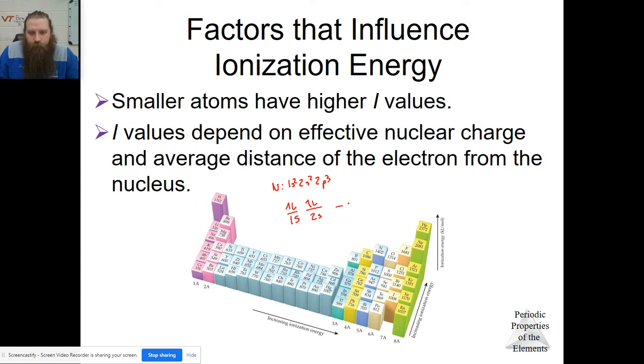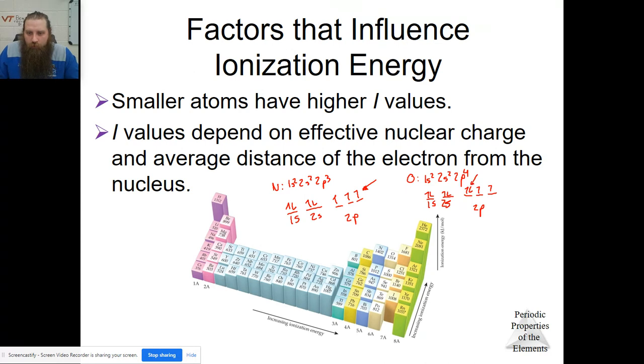These electrons right here are in different orbitals, so they're not really repelling each other. But if I look at oxygen, 1s2, 2s2, 2p4: 1s up, down; 2s up, down; 2p, we go up, up, up, down.